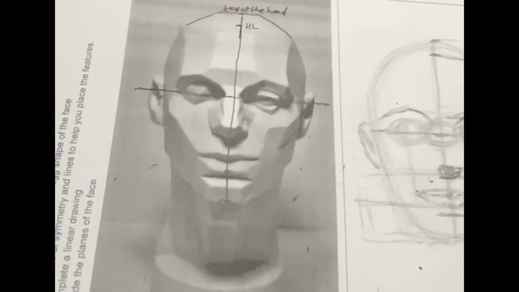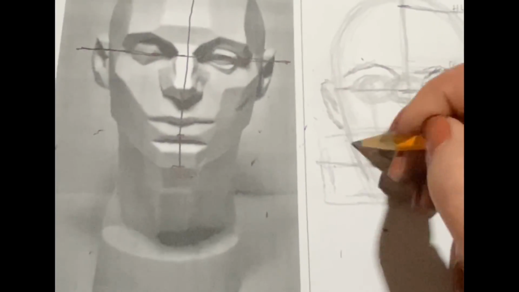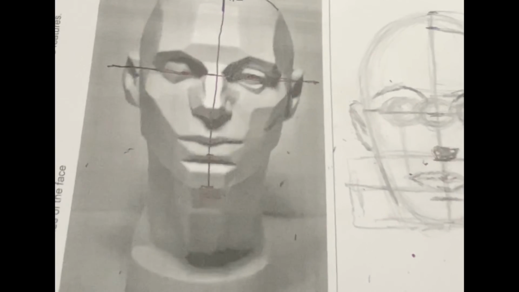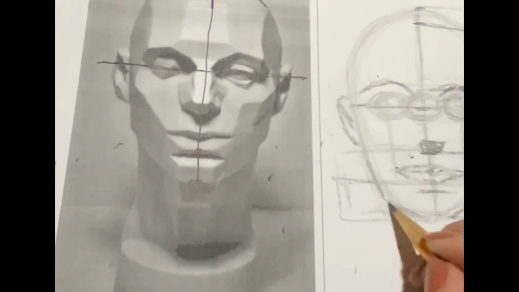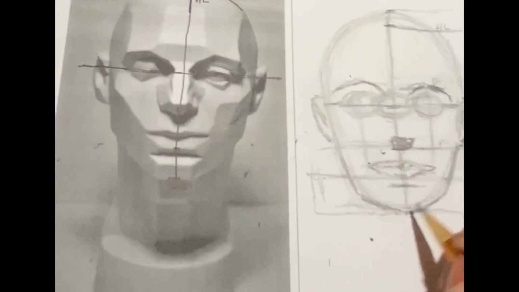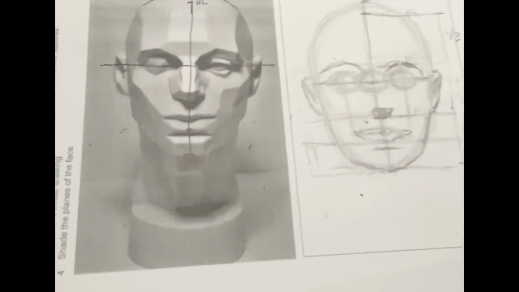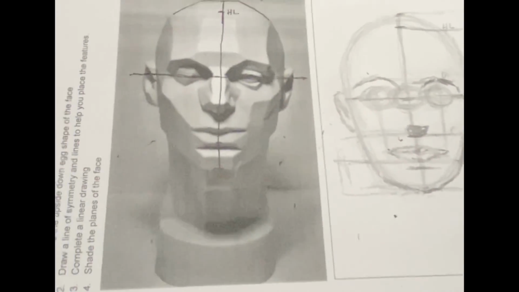Now about the neck. The neck on our reference photo is pretty angular, so I'm going to make it a little more angular here too. Our neck is about the same width as the head, just a little bit smaller.